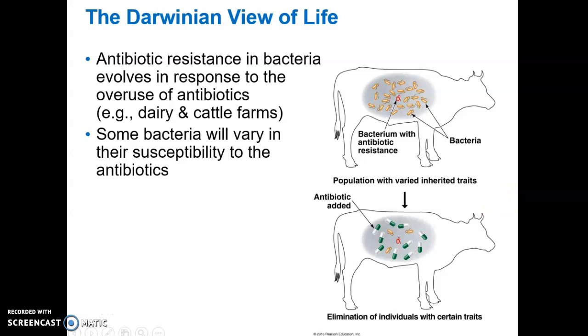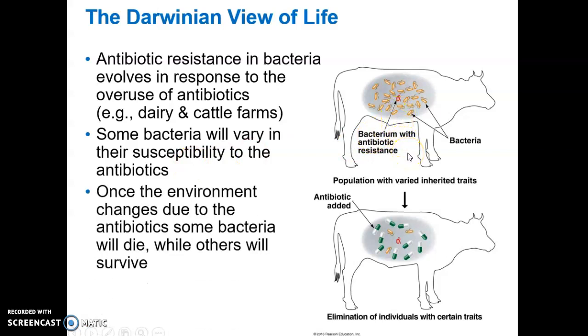All right, let me finish up with this cow and the bacteria. As I mentioned in that previous section, some of the bacteria will vary in their susceptibility to antibiotics, often caused by mutations.